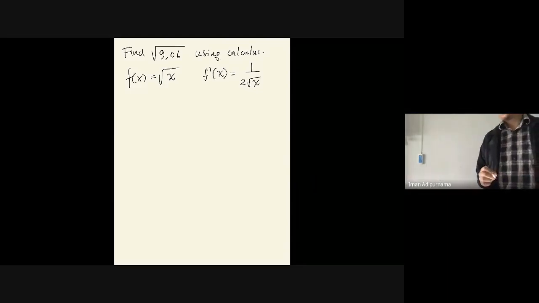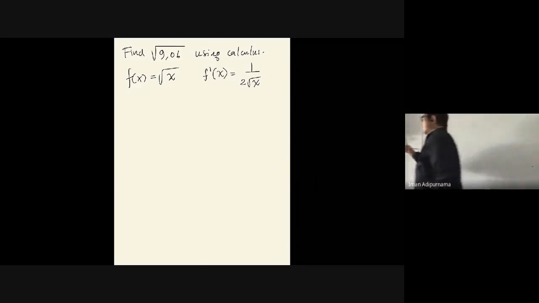And then from the previous expression, we have a, right? And you see the square root of 9.06. What is the nearest number whose square root we can take easily? 9, right? If we take the square root of 9, we get 3. So let's choose a to be 9.